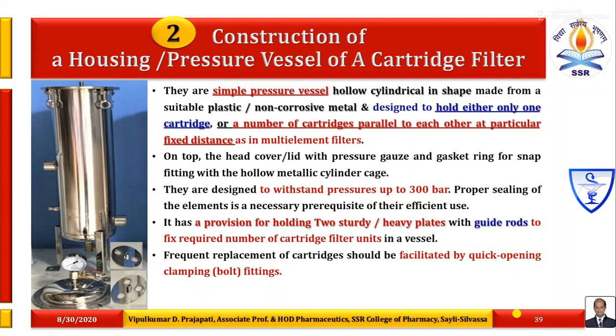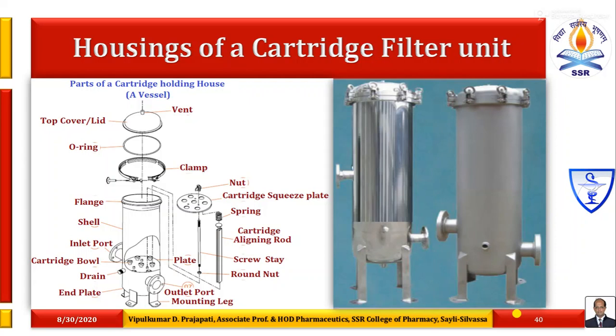Frequent replacement of cartridges should be facilitated by quick opening, clamping or bolt fittings. It has provisions for slurry inlet and filtrate outlet. This image itself indicates the number of parts of a cartridge holding house.